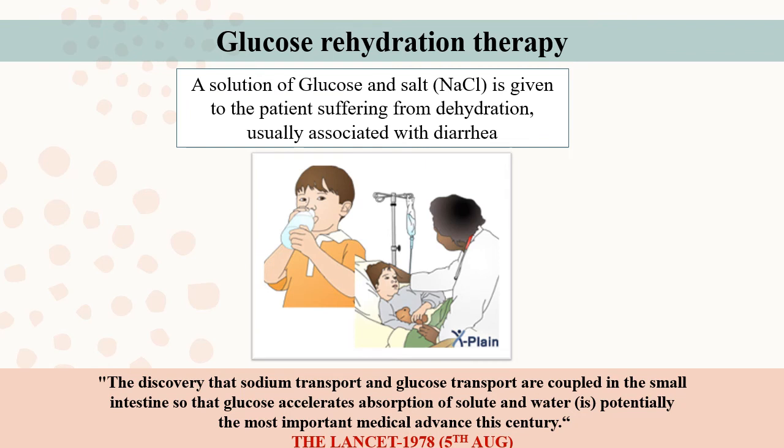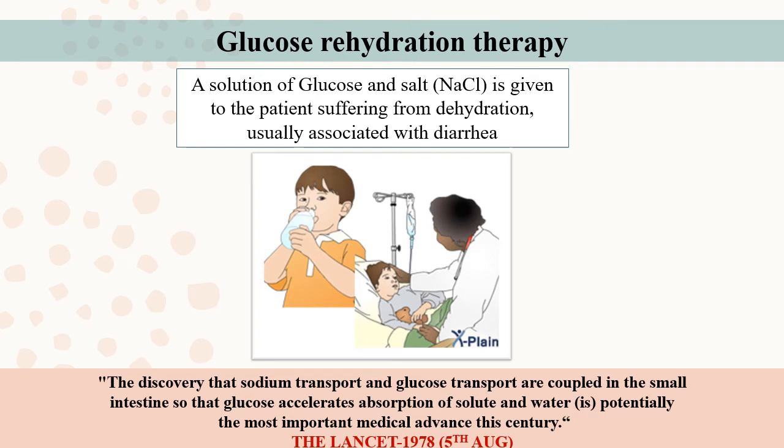Glucose rehydration therapy. The movement of sodium ion and glucose from the lumen of the intestine across the epithelial cell to the blood sets up a difference in osmotic pressure across the cell, due to which water flows through the cell across the apical and basolateral membranes by simple diffusion.